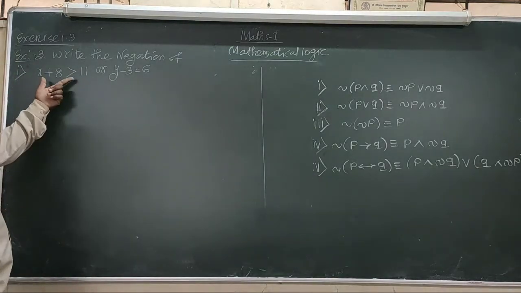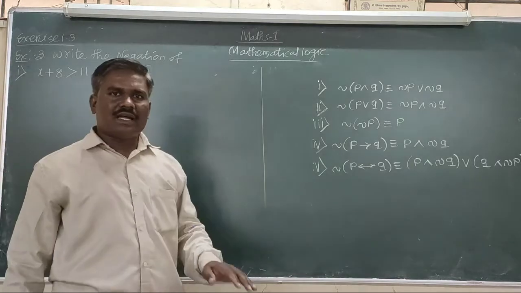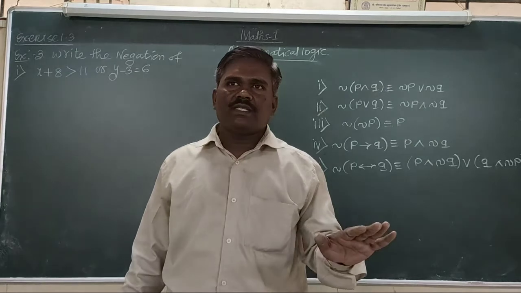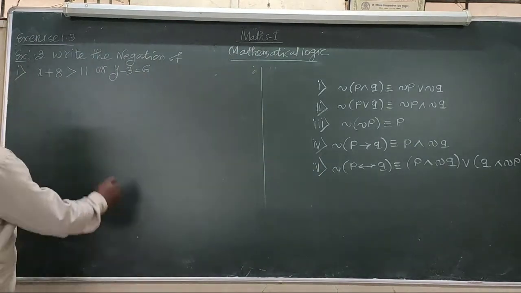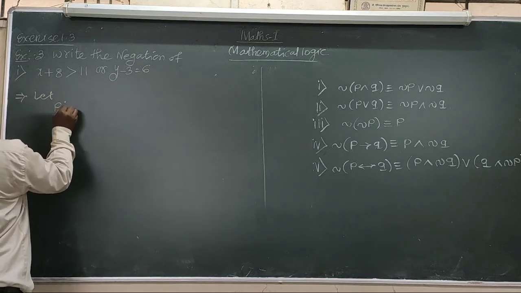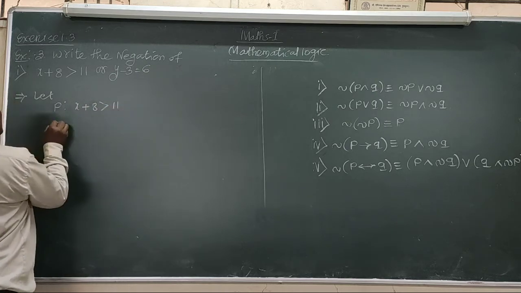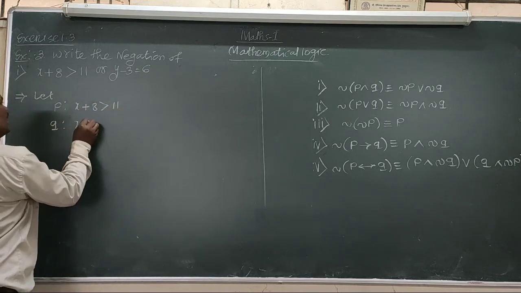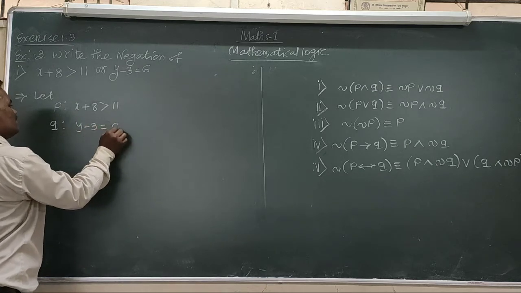These are two simple statements joined by the connective or. Therefore, let P be x plus 8 is greater than 11 and Q be y minus 3 equals 6.